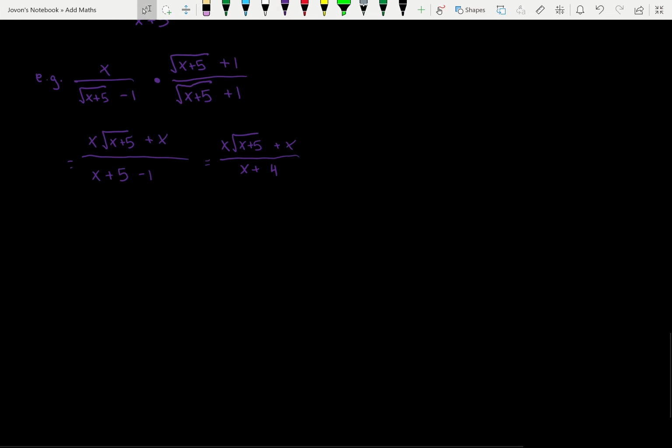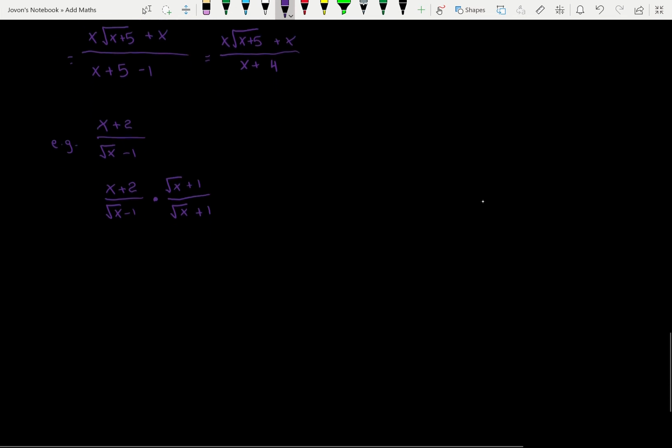And I'll do one more example of rationalizing. Okay, so let's say now we have x plus 2 over the square root of x minus 1. If we want to rationalize this, it becomes x plus 2 over the square root of x minus 1 multiplied by the square root of x plus 1 all over the square root of x plus 1.